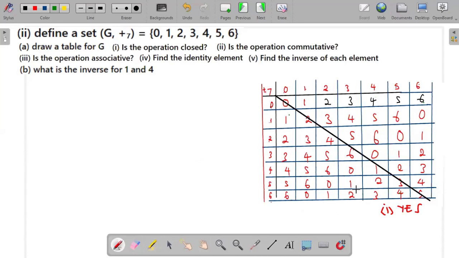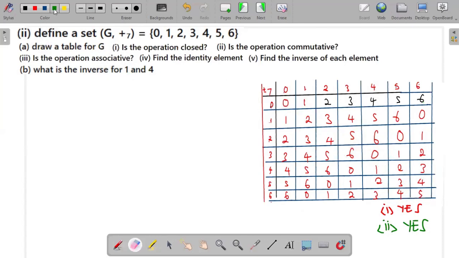If you notice that property, then you're going to say it's what? Yes, it's commutative. So I'm going to write here, number 2, yes, it's commutative. But if they ask you to show your working, you can simply use that example that we did at the first.